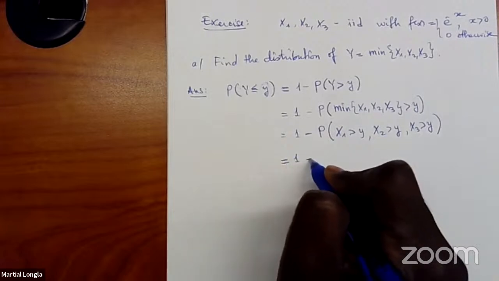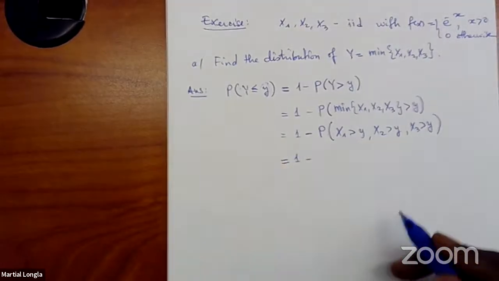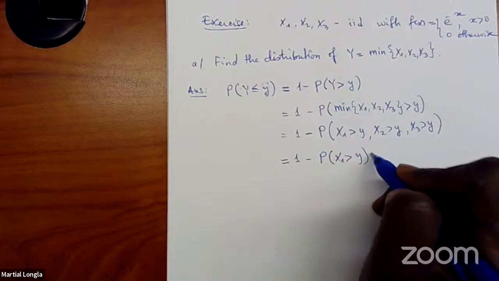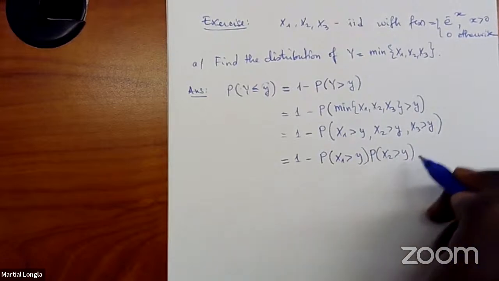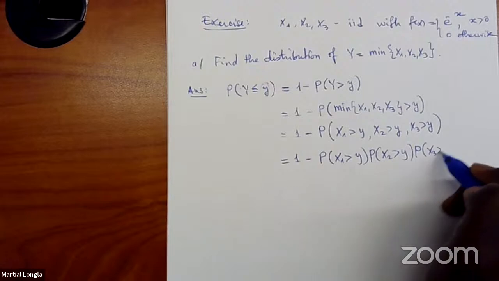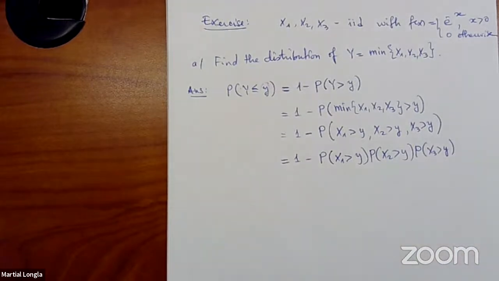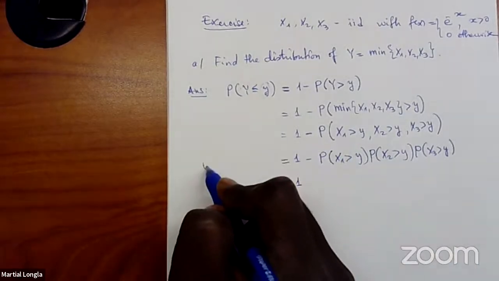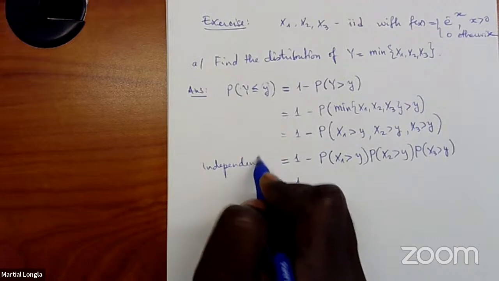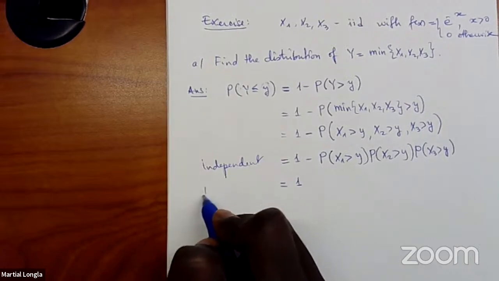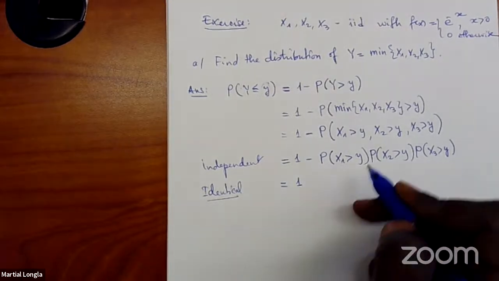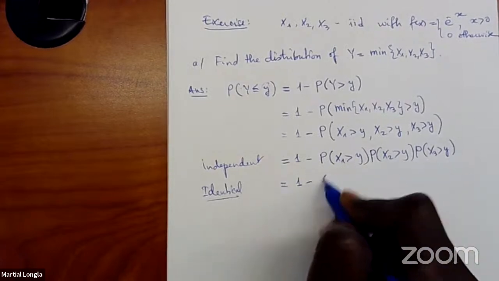Now, because these are independent random variables, this probability is equal to the product. And because they are identically distributed, this product is just one of them raised to the power 3.